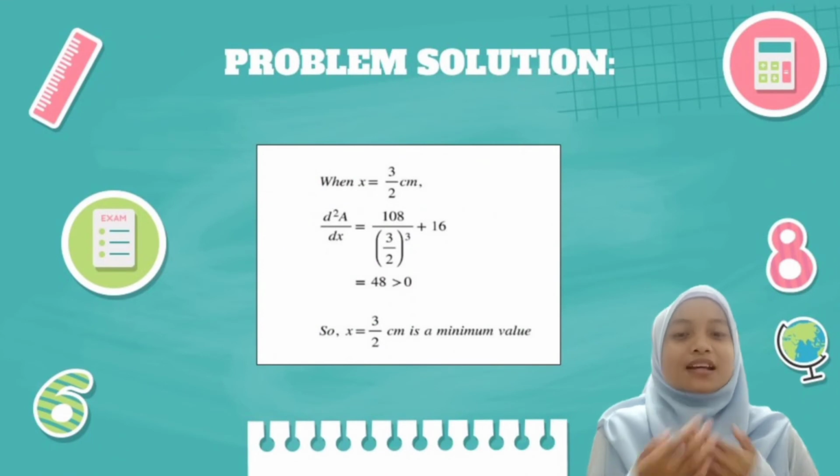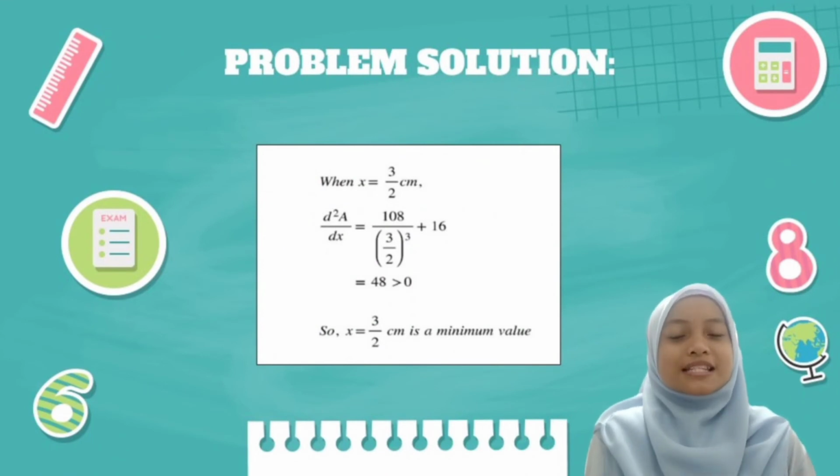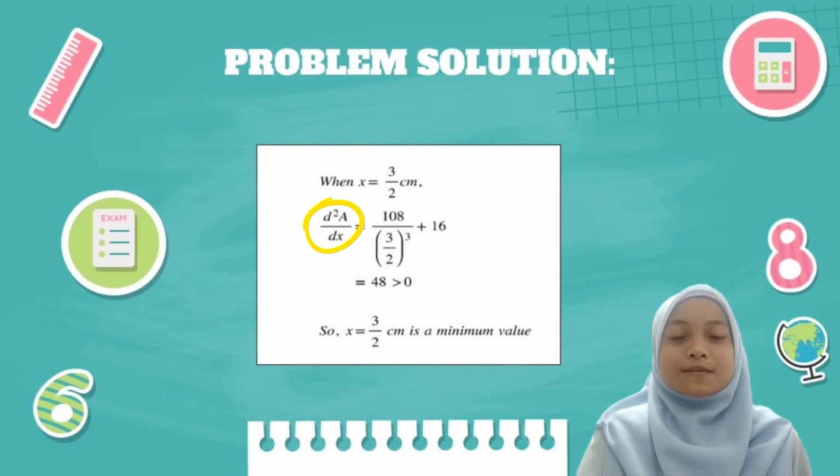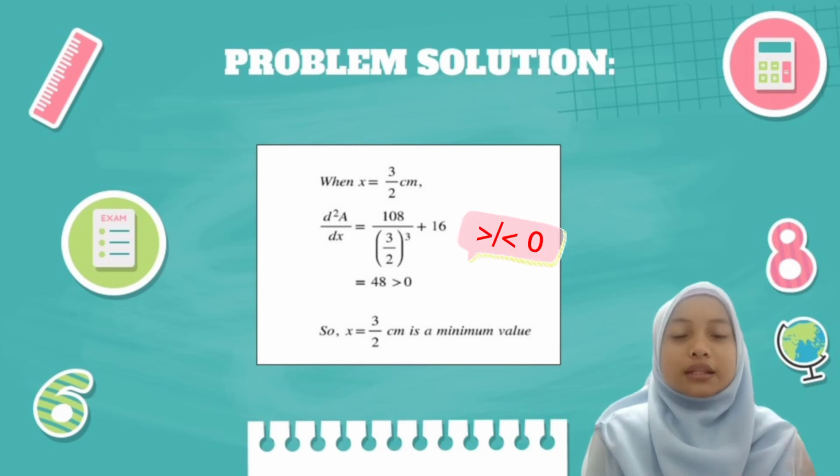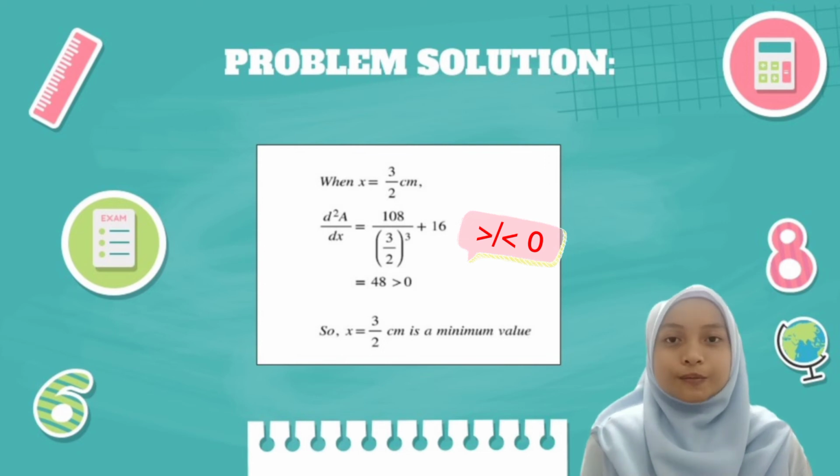Thank you, Jannah. I am Azira, and I will explain the next step of the solution for question B. In this step, we need to find the second derivative by substituting the x value that has been found into the second derivative equation to determine whether it is greater or less than 0.